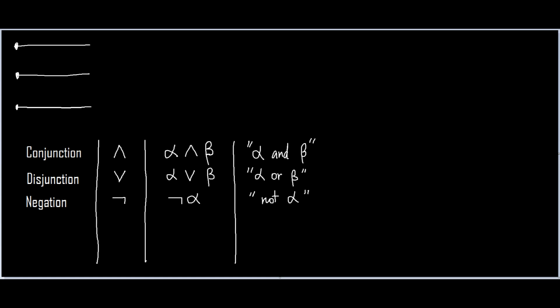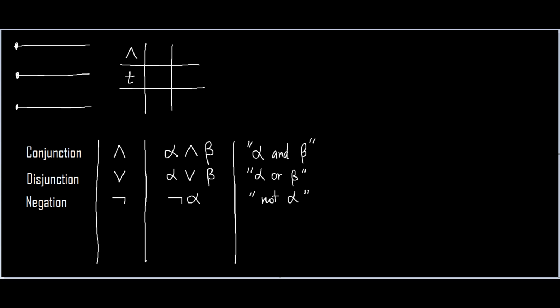There are also these truth tables that describe more accurately the logical meaning of these constructs here. So let me draw the truth tables as well. For and, the truth table goes like this.